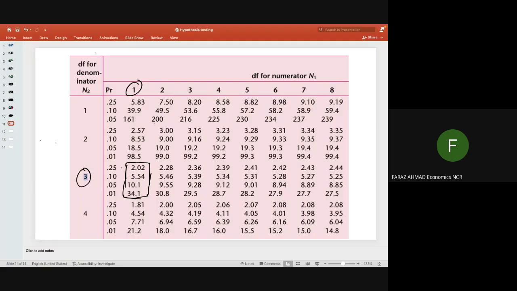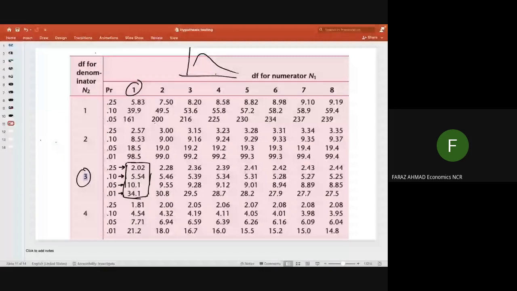Now we are concerned with this box, these 4 values, and each of these values corresponds to a probability. For example, 2.02 corresponds to 25% area in the right tail, then 10% area in the right tail is 5.54, and an F statistic of 10.1 gives 5% area in the right tail.